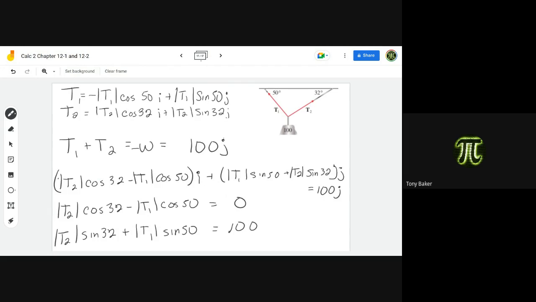As it stands right now, it's probably going to be a total pain in the butt to do elimination because I'd have to multiply it by sines and cosines. So probably not that way. So what's the other way we can solve it? Substitution. So I solve one of them for one of the variables and I plug into the other one, right? Let's solve the first one for T2 just because it's simple to do, and we'll plug that into the second one.